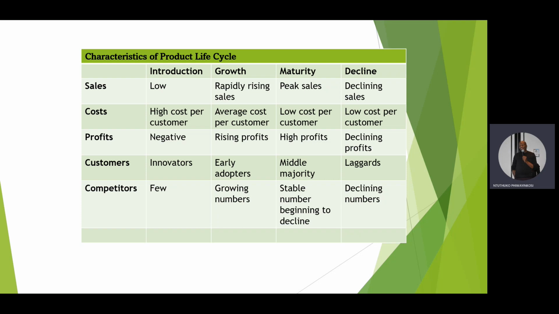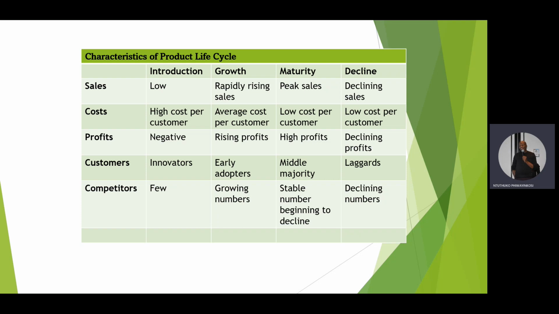And then under the growth stage, there is an average cost per customer. Now people are familiar with your product, they are buying your product, and sales are high. So now you are spending less, an average cost per customer.